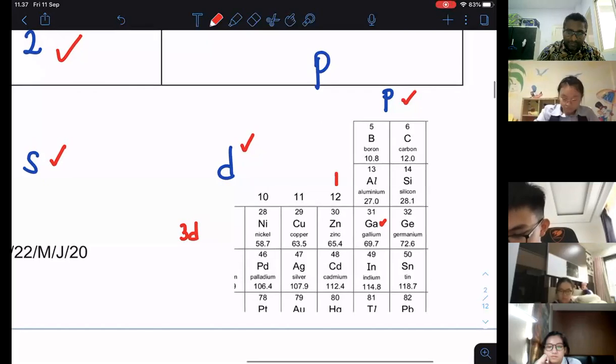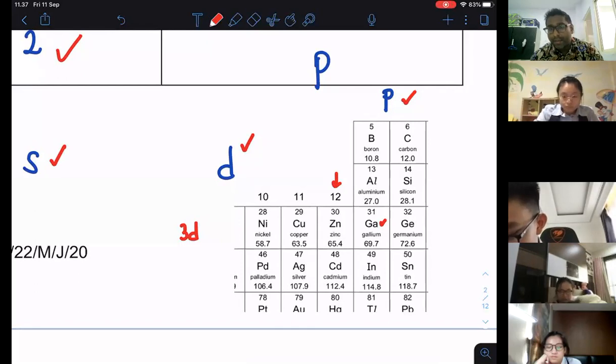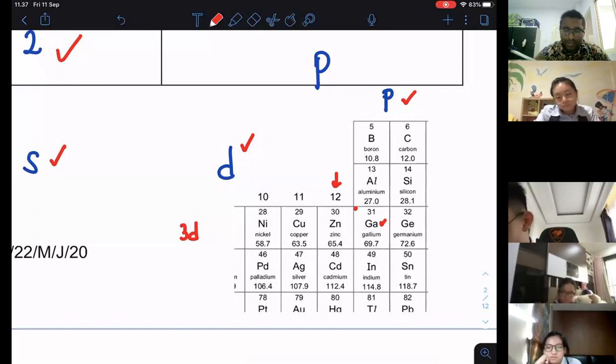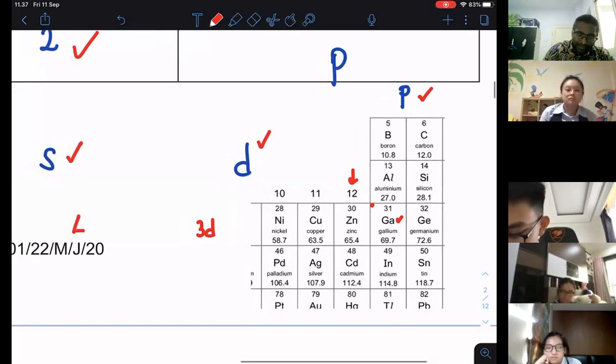So when it comes to zinc, it's going to be 4s2, 3d10. But the moment you come to here, gallium, then you will have 4p. This is the one I told you to memorize, where before 3d you start with 4s, 3d, and then this one will be 4p.